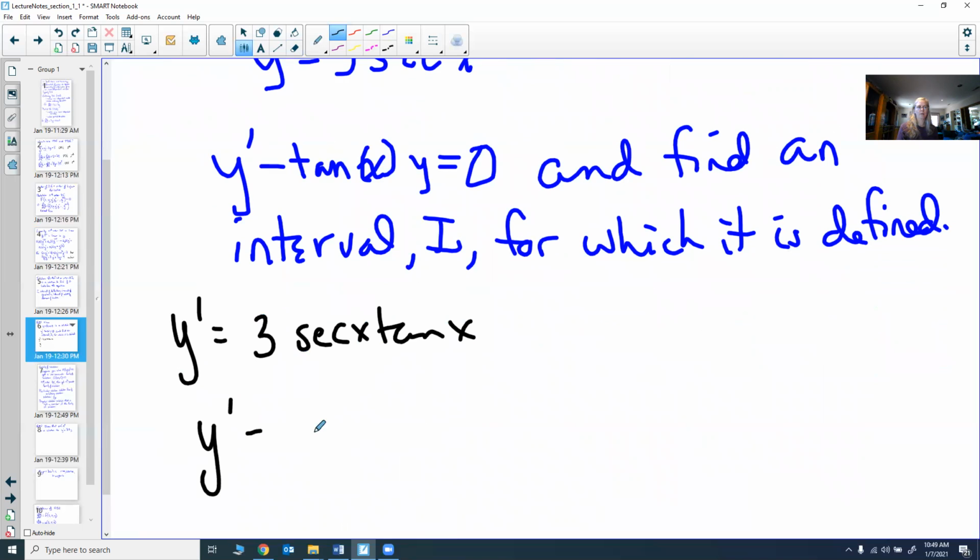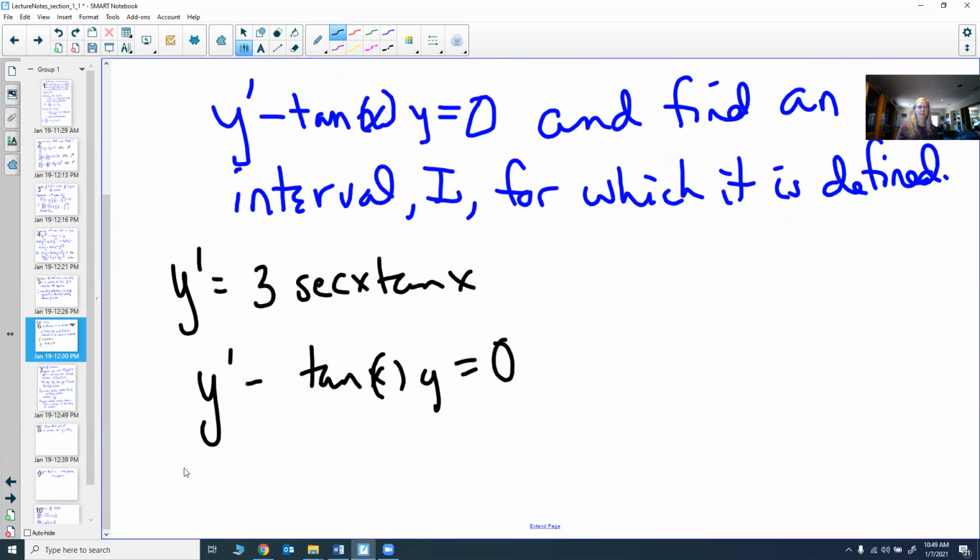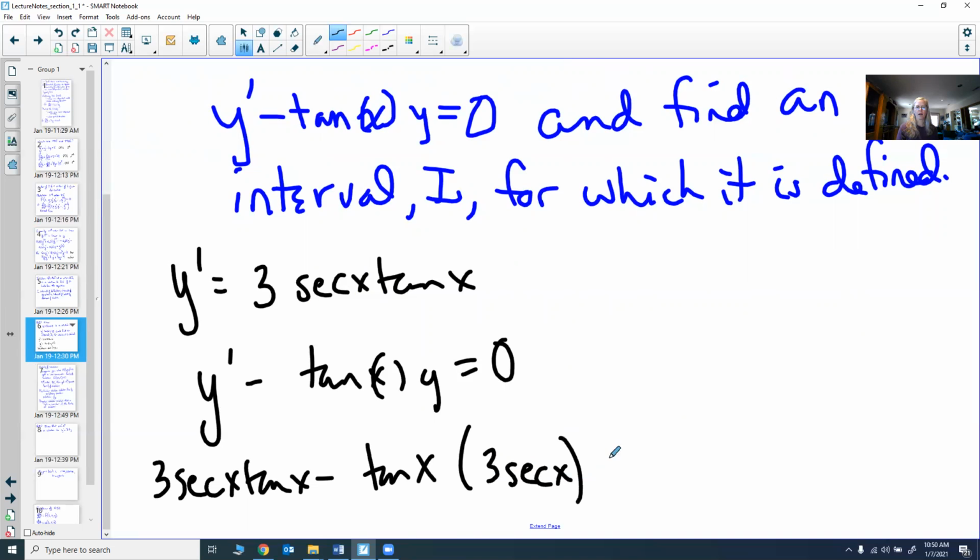So I'm taking y prime minus tangent of x times y equals 0. And I want to know if I plug in 3 secant x tangent x for y prime, and 3 secant x in for y, do I in fact get 0?